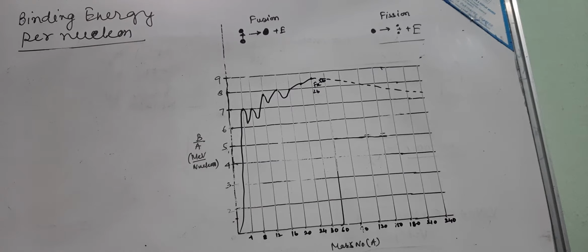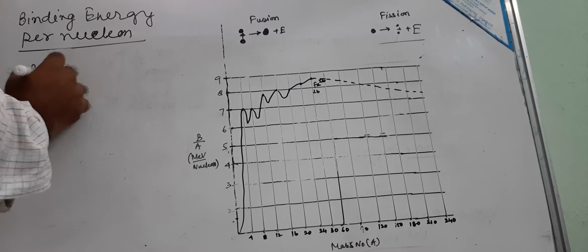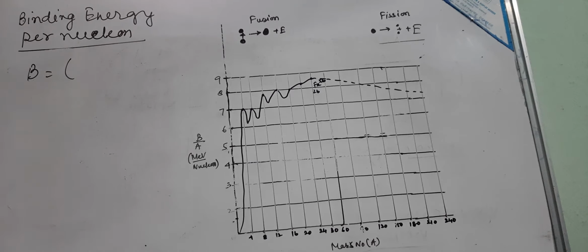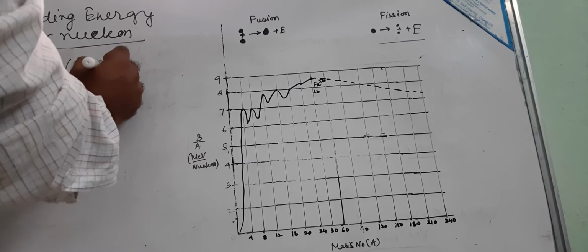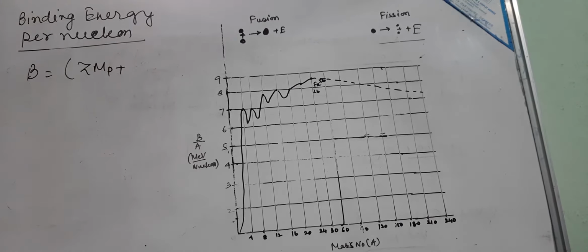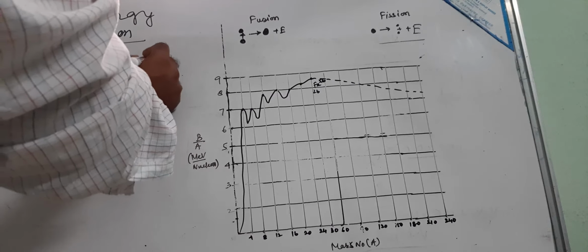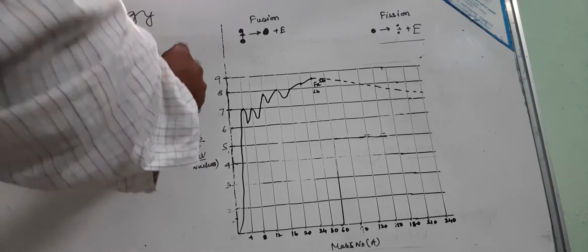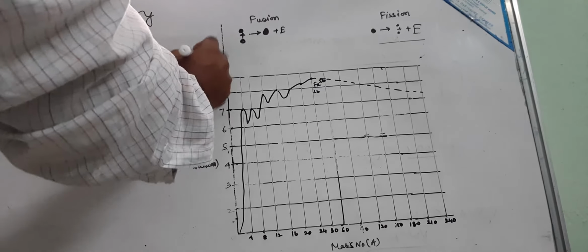Last class I talked about the binding energy for a nucleus of mass m which has Z protons and N neutrons. The binding energy is defined as B equal to Z Mp plus N Mn minus M into C square.